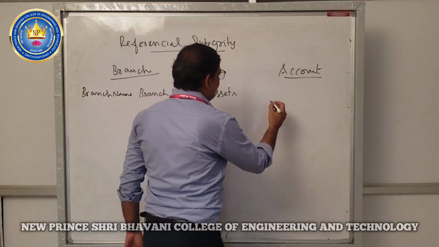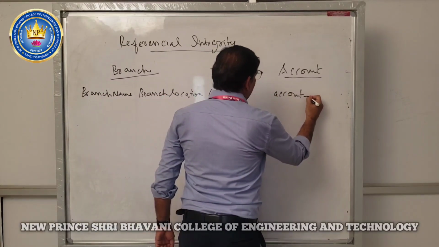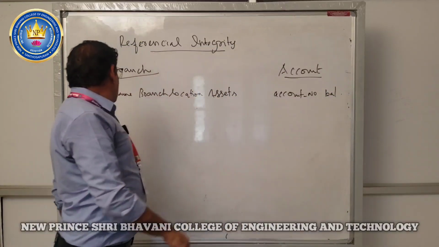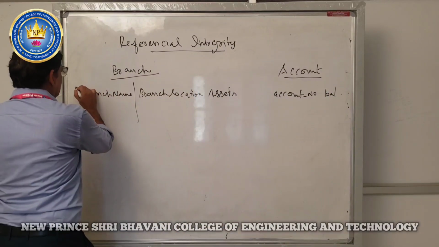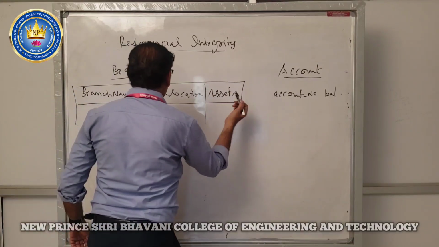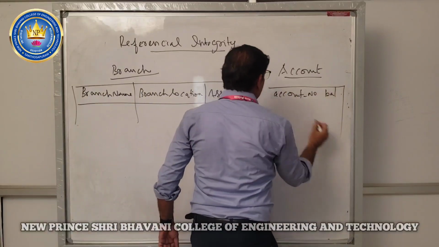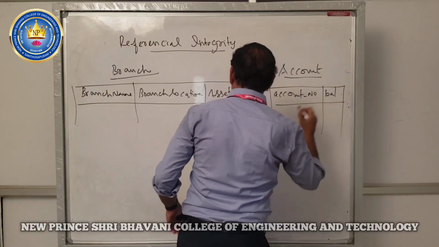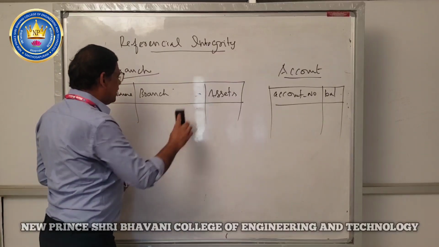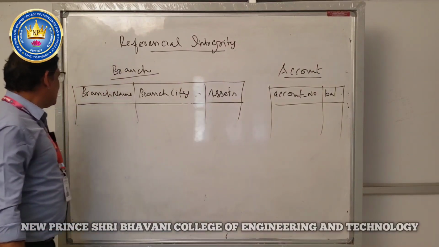Likewise in the case of account, we can give the fields account number and balance. Instead of branch location, we can better keep branch city, so that it will be easily understandable.